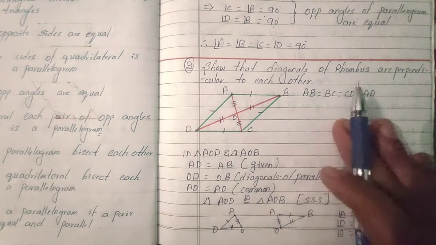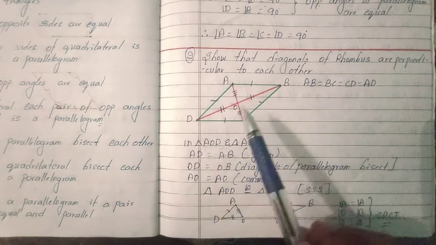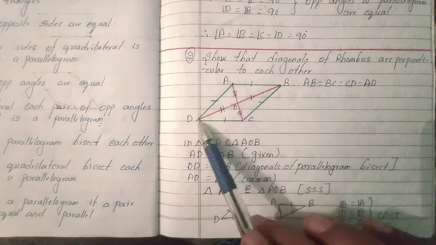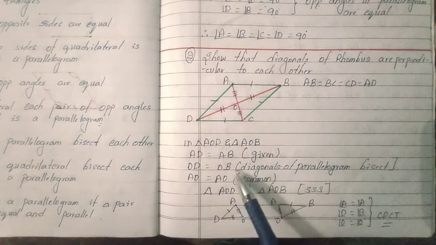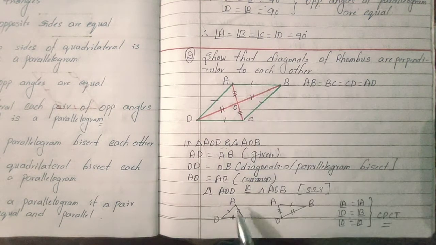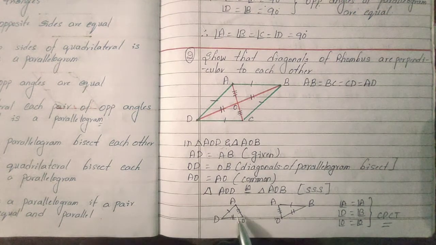Okay, now here I am taking triangle AOD and triangle AOB, these 2 pieces. Here if you see, I know AD and AB are equal.